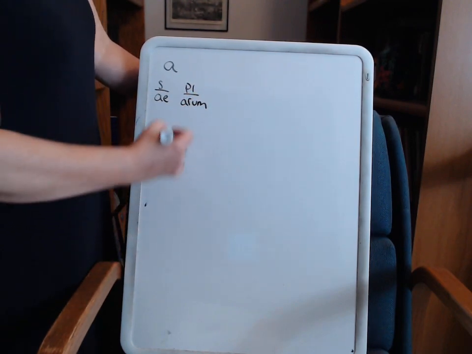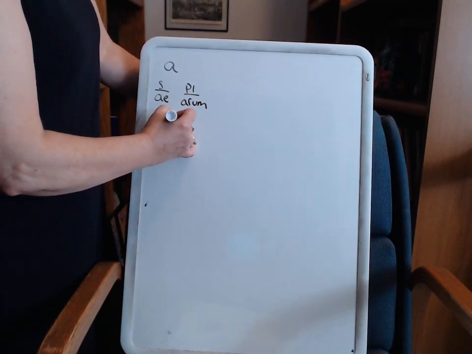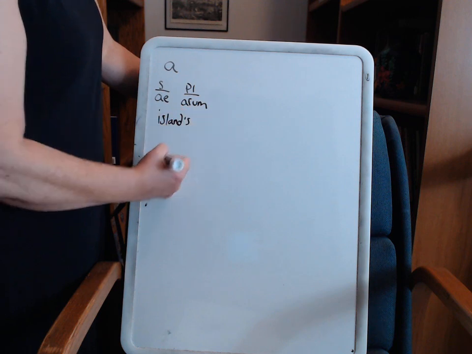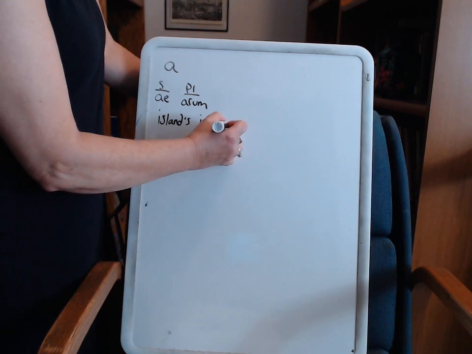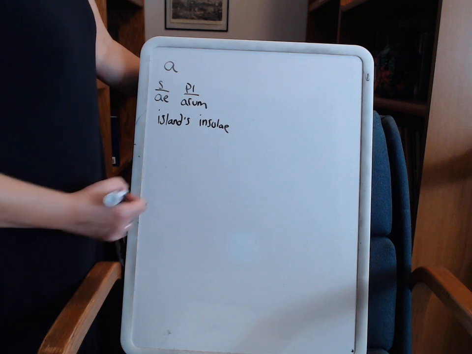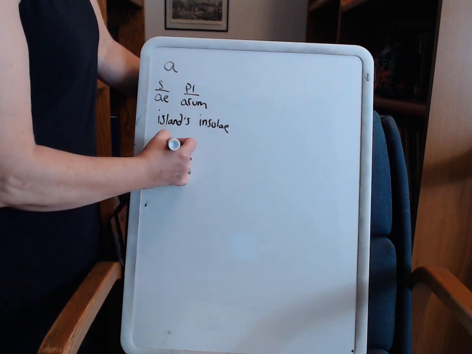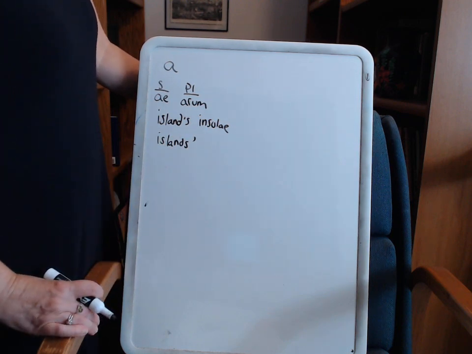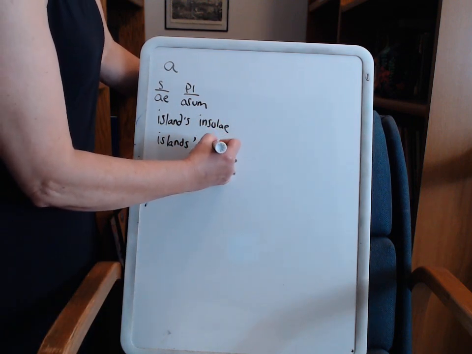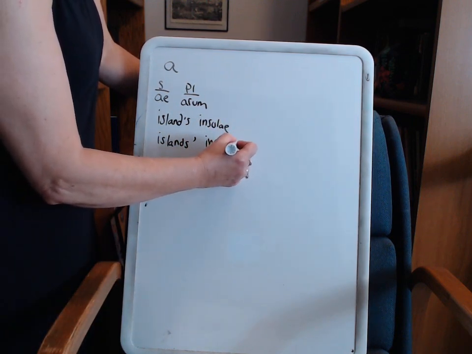So the island's tree would be insulae. The tree of more than one island, the tree of the islands, the trees of the islands, or the islands' trees, insularum.